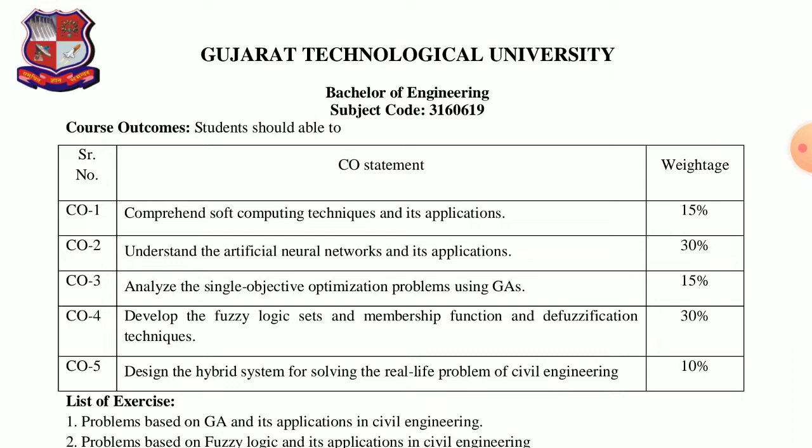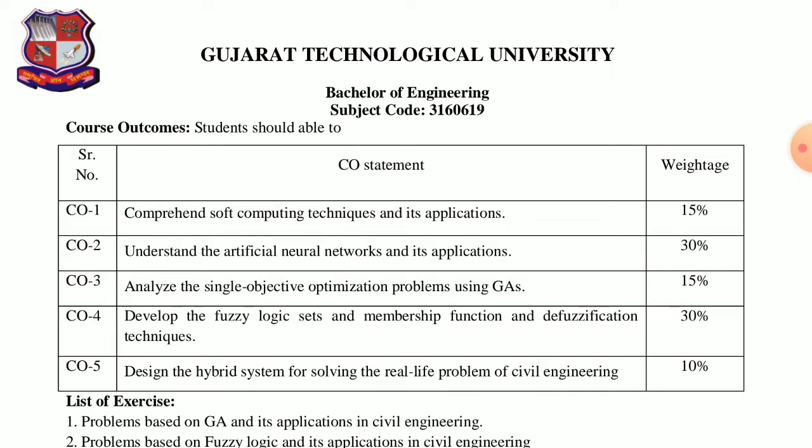Third is to analyze single objective optimization problems using genetic algorithms. This topic's weightage is 15%. And then fuzzy logic theory is given. We can develop fuzzy logic sets, membership functions and defuzzification techniques. This topic's weightage is 30%.